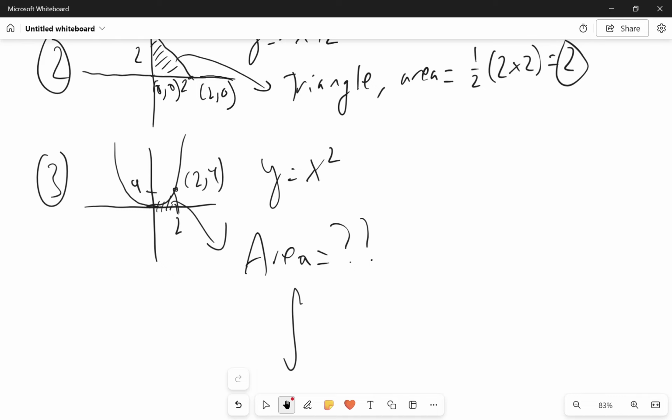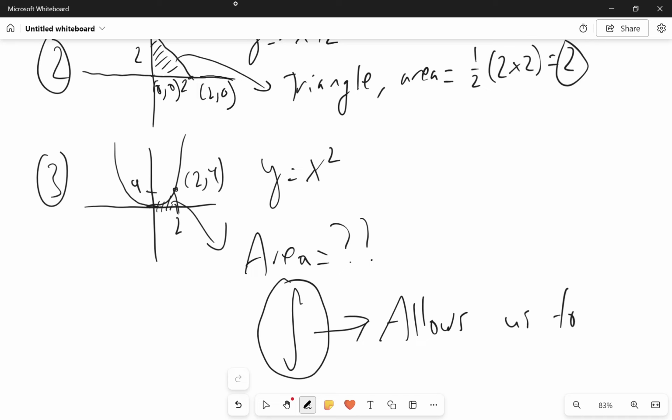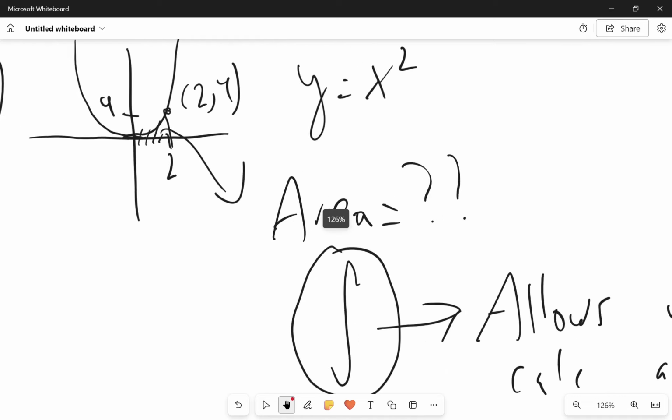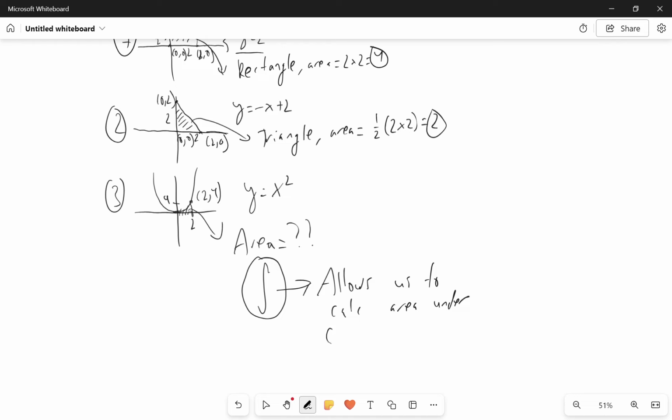It's denoted by this symbol, and using this allows us to calculate the area under the curve of a function.